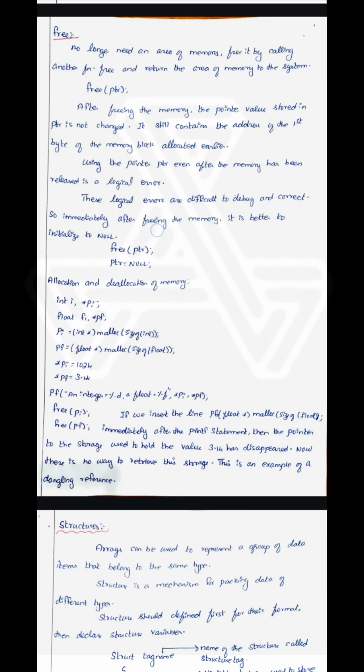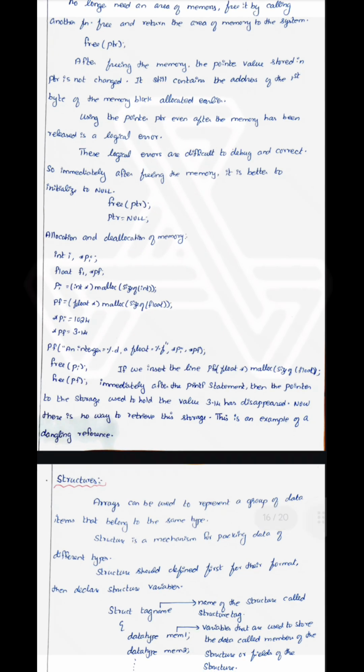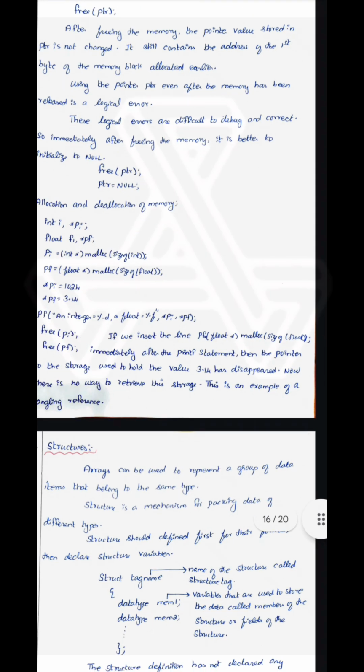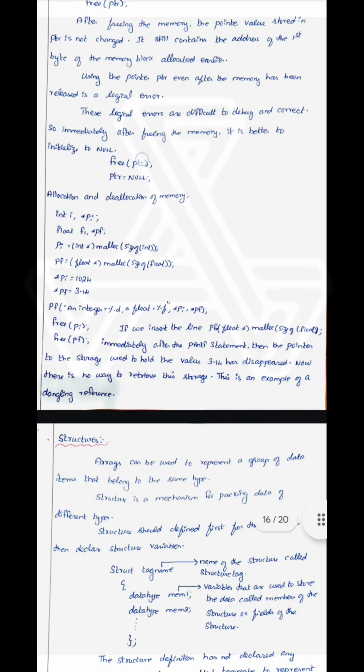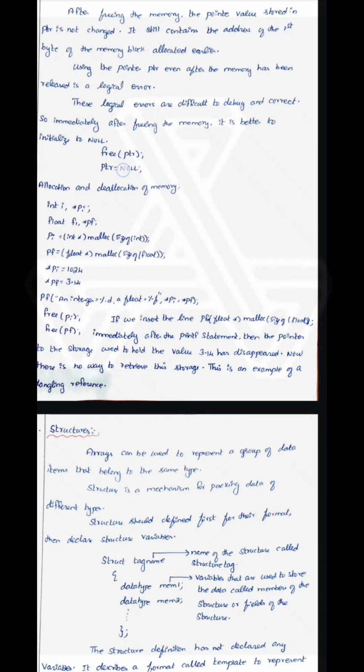Allocation and deallocation of the memory. int i, *pi; float f1, *pf; pi = (int *) malloc(sizeof(int)); pf = (float *) malloc(sizeof(float)); then *pi = 1024, *pf = 3.14.